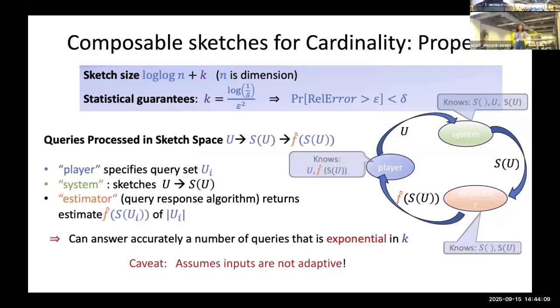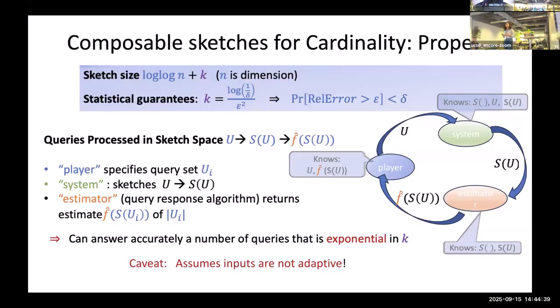We consider the following setup. We have a player who submits a query set to a system. The system then provides the sketch to an estimator, and the estimator returns the answer to the query for the submitted set.